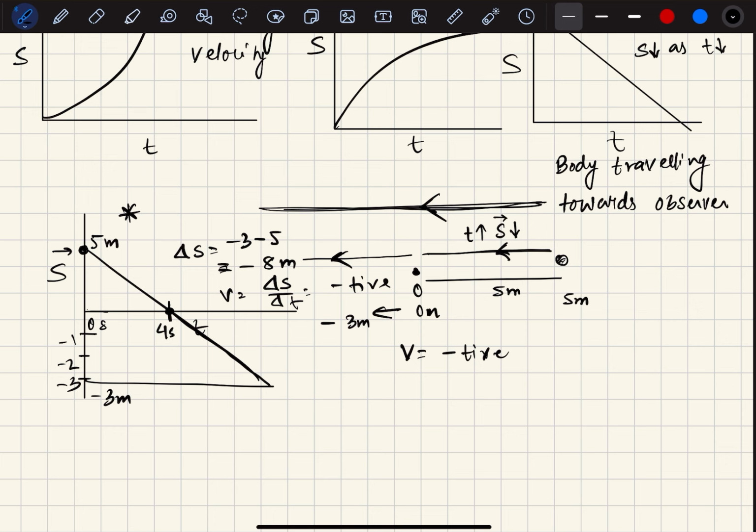to everybody, I guess. So this is what the displacement time graph is. I hope everybody has understood it, and definitely we are going to delve much further when we deal with the velocity time graph and acceleration time graph. So one by one we will do.